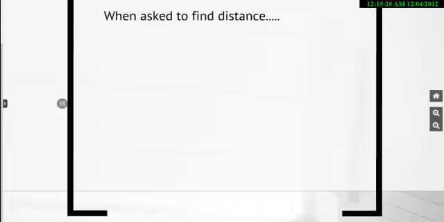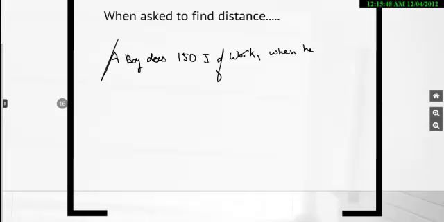Let's say a boy does 150 joules of work when he lifts a box with a force of 100 newtons. Okay, how far did he move the box?